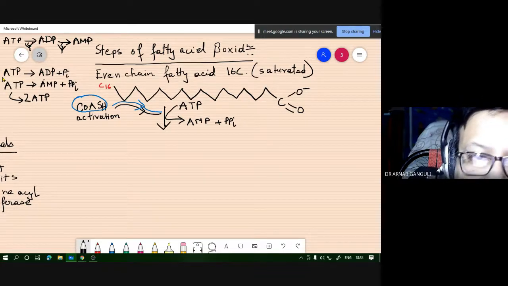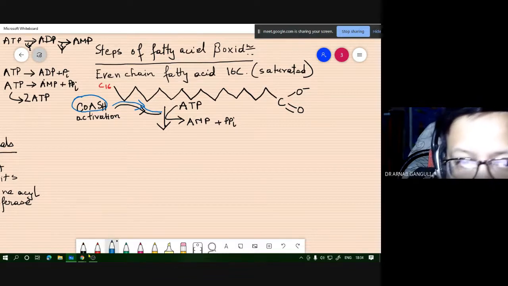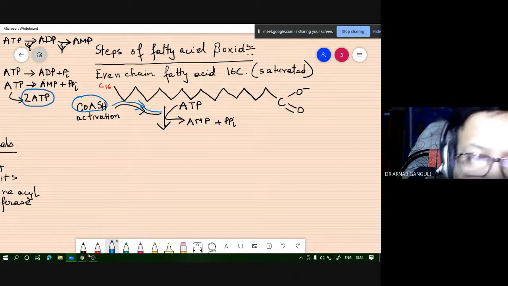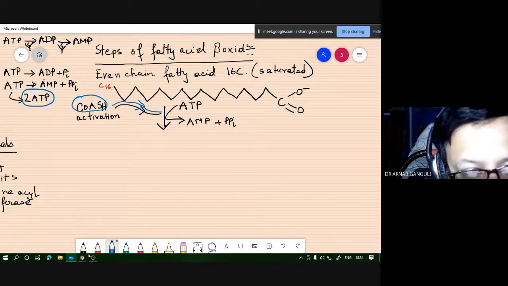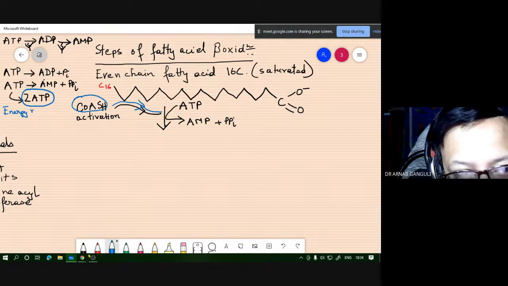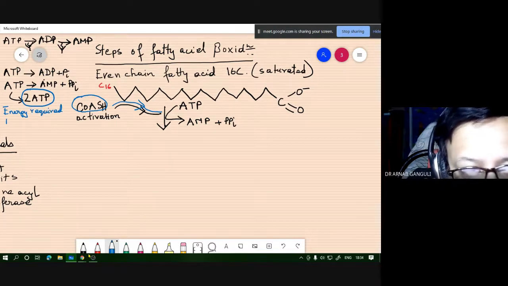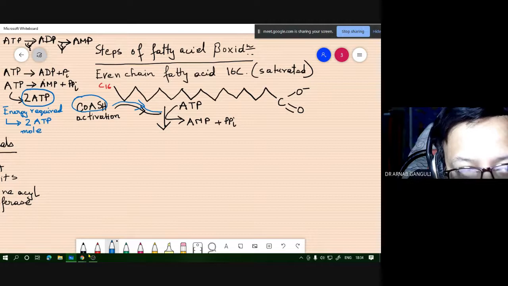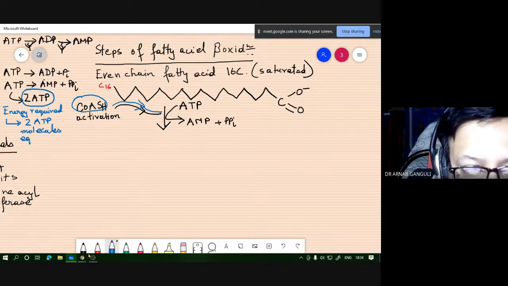So this is essentially counted as 2 ATP. So the amount of energy which is required is equivalent to two ATP molecules.